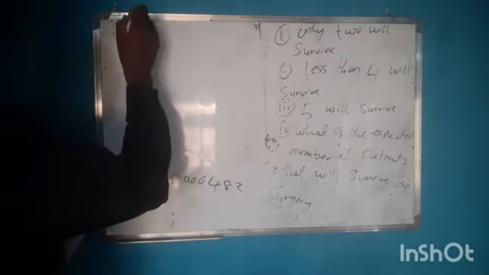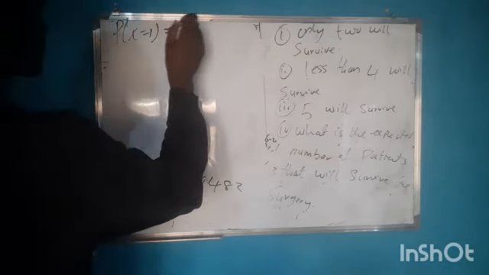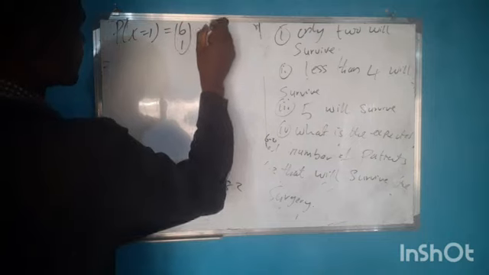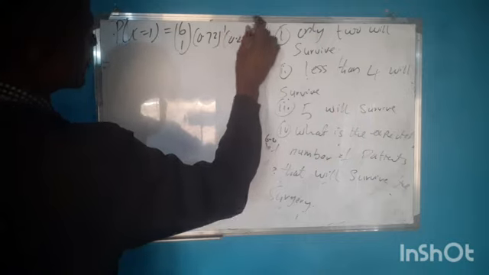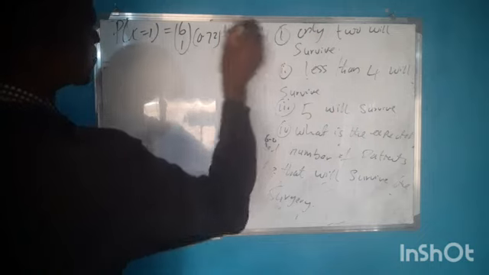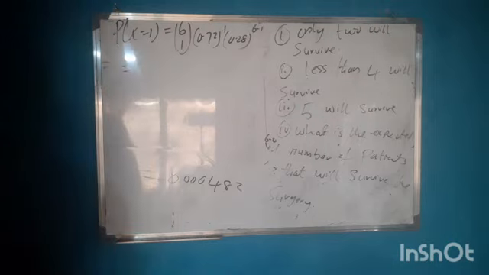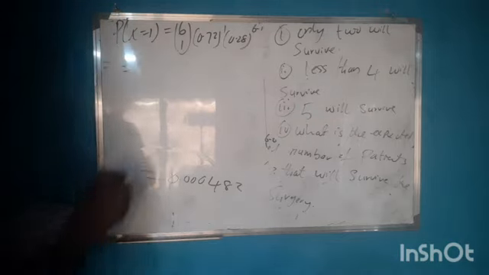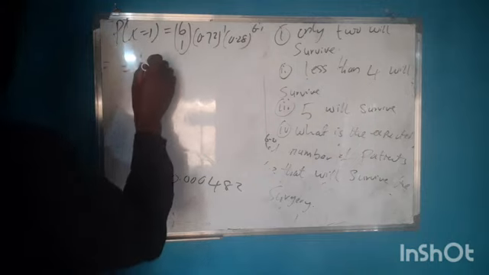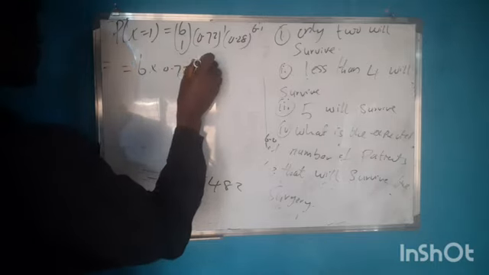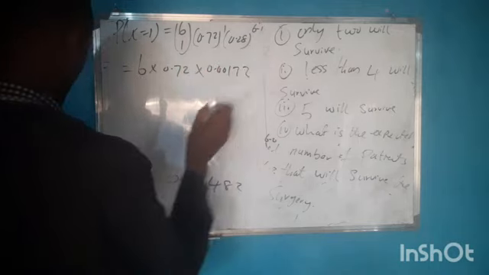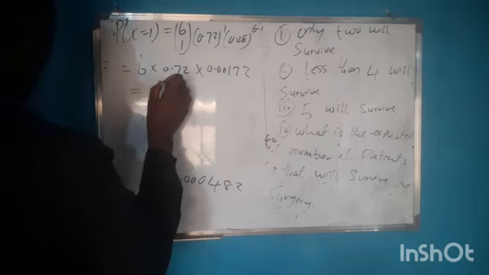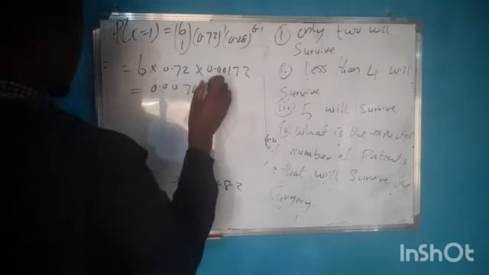Probability of x equals 1 is equal to 6 combination 1, 0.72 raised to power 1, 0.28 raised to power 6 minus 1, which is equal to 6 multiplied by 0.72 multiplied by 0.00172, which is equal to 0.00743.